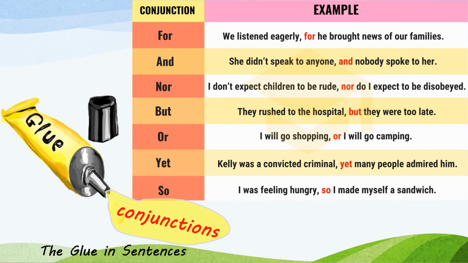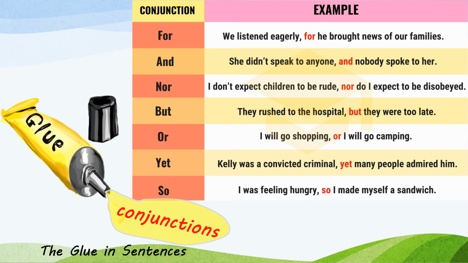These are more examples for the conjunctions, and this is a very funny picture. Why? Because the glue in the sentence is called the conjunctions. As we can see here, the first sentence is we listened eagerly, and another sentence is he brought news of our families.